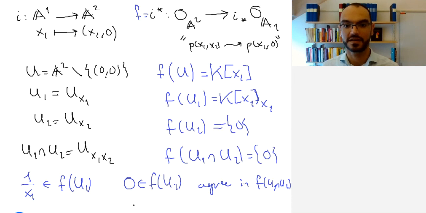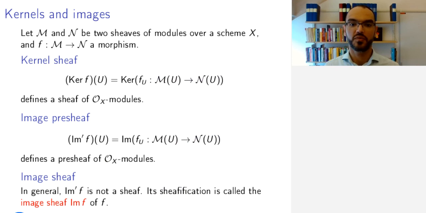They clearly do not extend to something that is defined over all of U. So therefore, this is not a sheaf. So what one does is one applies a process called sheafification that to each pre-sheaf associates the best approximation of this pre-sheaf by a sheaf. And that sheafification of the image pre-sheaf is called the image sheaf im f of f.